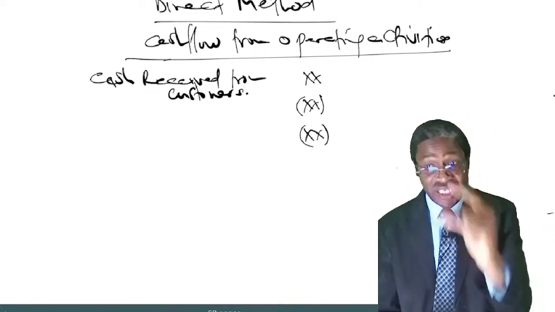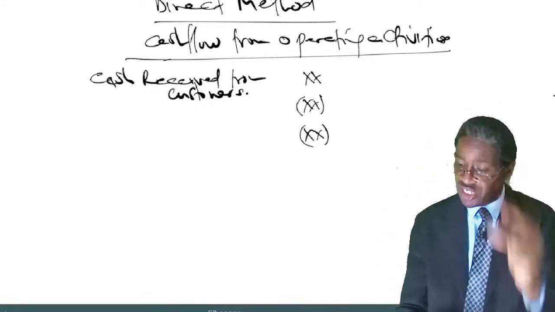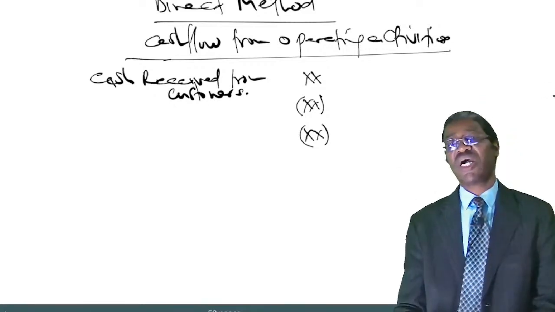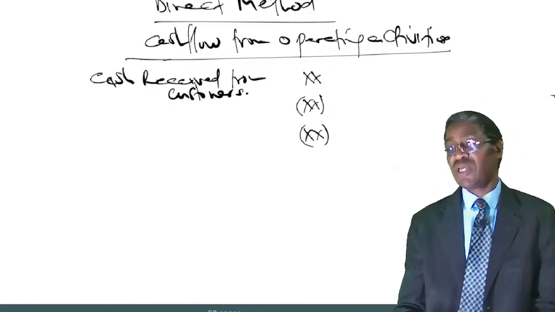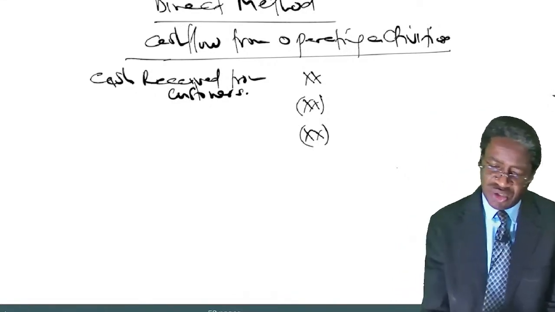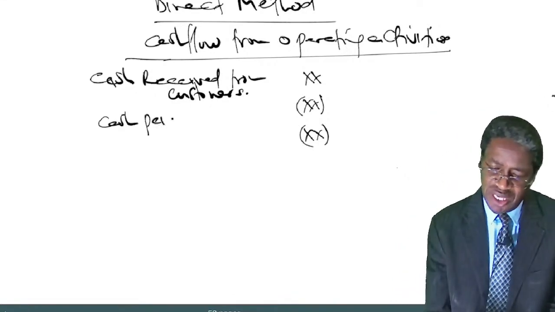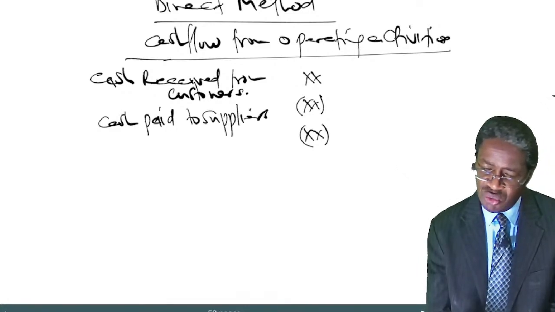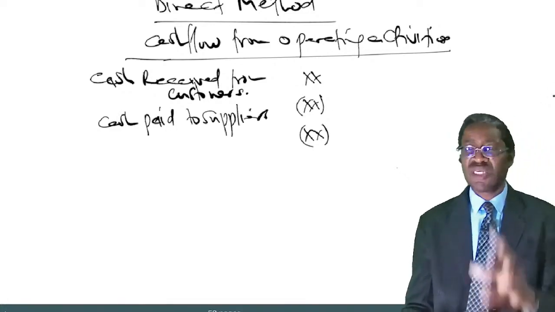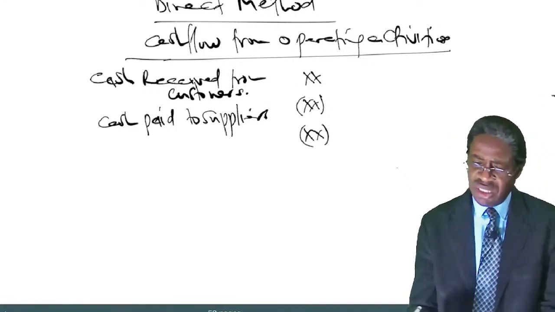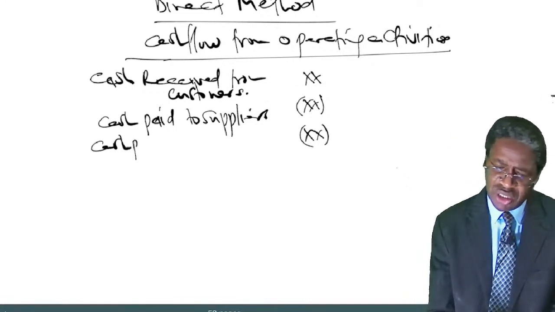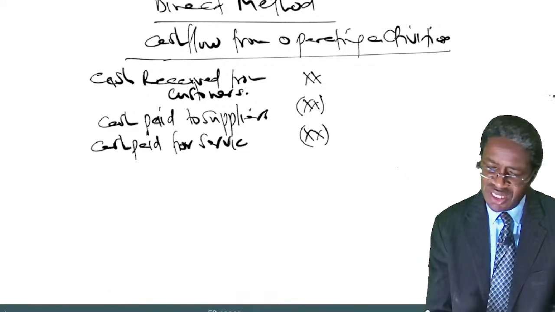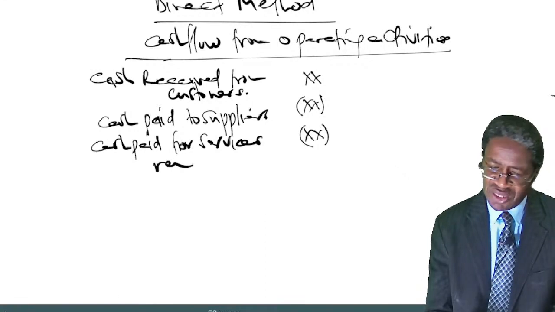The other figure you normally need is cash paid to suppliers. The other figure is cash paid for services rendered.